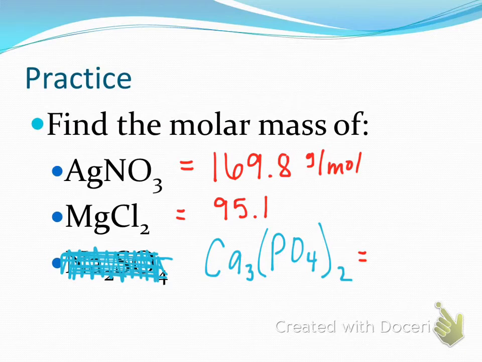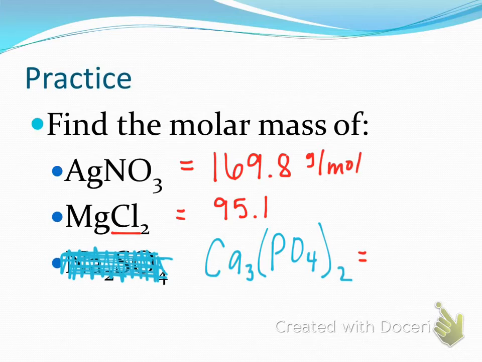Cl is chlorine. Yeah, that's kind of tough. Sorry. Did a lot of you do that? Cl is chlorine, so each chlorine was 35.5. That gives us 71 plus 24.3, which was around 95.